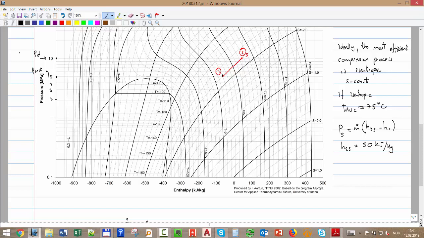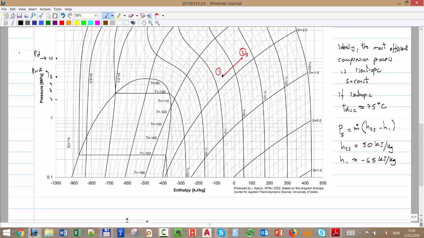And the enthalpy of 1, that will be 75, maybe 60 something, right? Let's say around 60 minus 65.